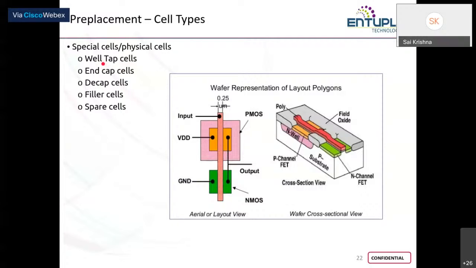I'll keep it simple. Well tap acts like a shunt resistance, which diverts the extra current that is intended to pass through your device or through a gate. What happens when there's a direct short between your VDD and VSS?